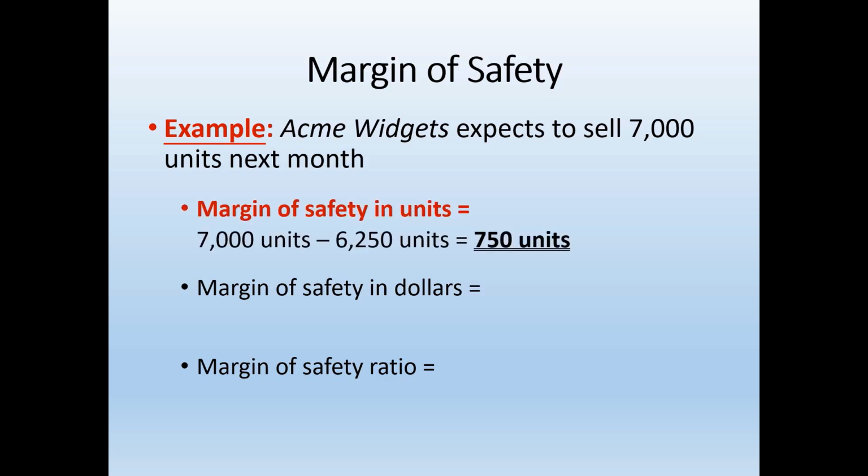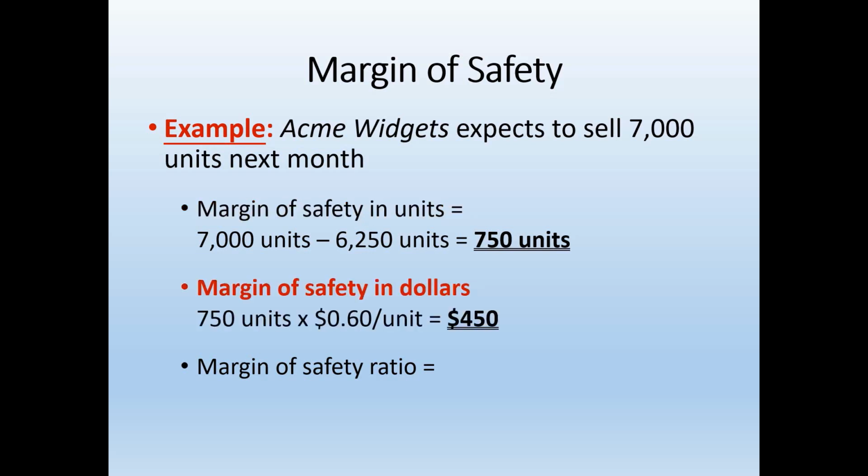Luckily, we already know both of these. The difference between the amount that they expect to sell and the amount at break even tells us that our sales could decrease by 750 units before we have to start worrying about operating at a loss.